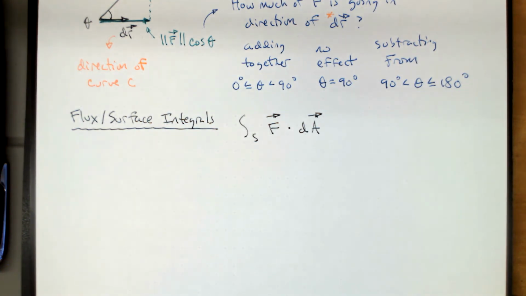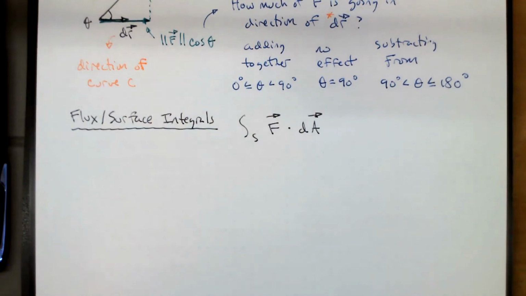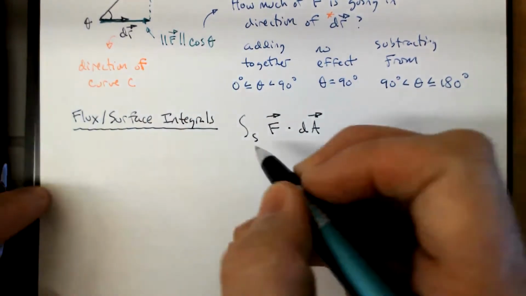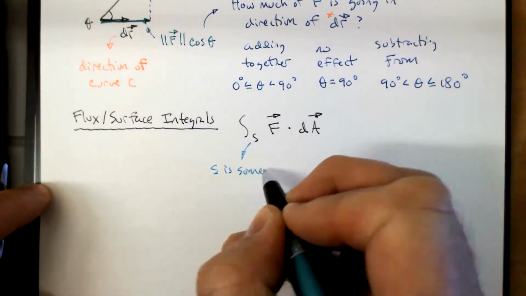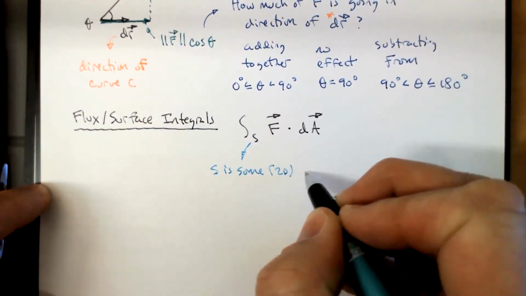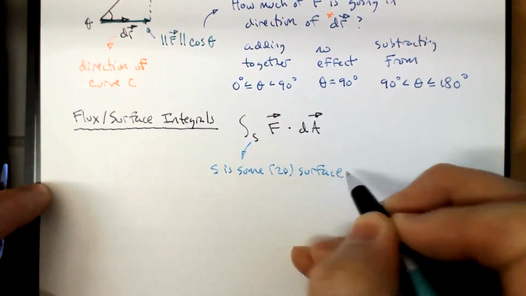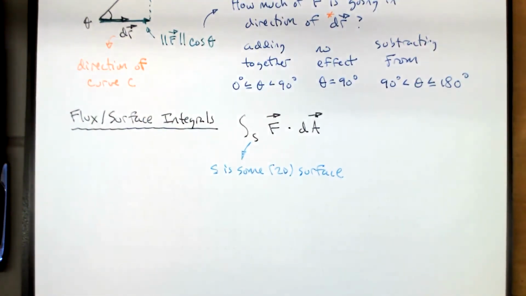We're going to calculate F dot dA, where dA is some small piece of the surface S. S is some two-dimensional surface, so at all the points on this surface, we're going to calculate F dot dA.